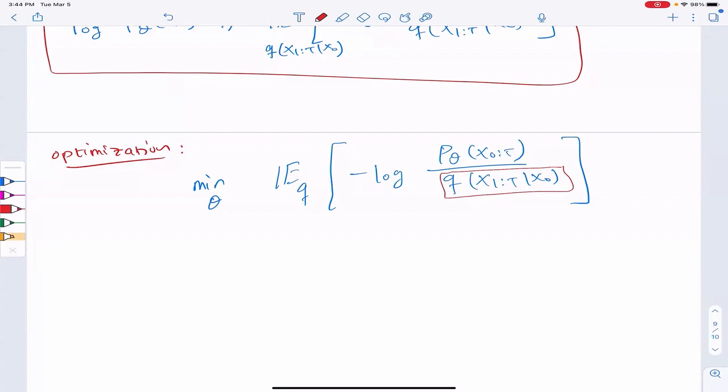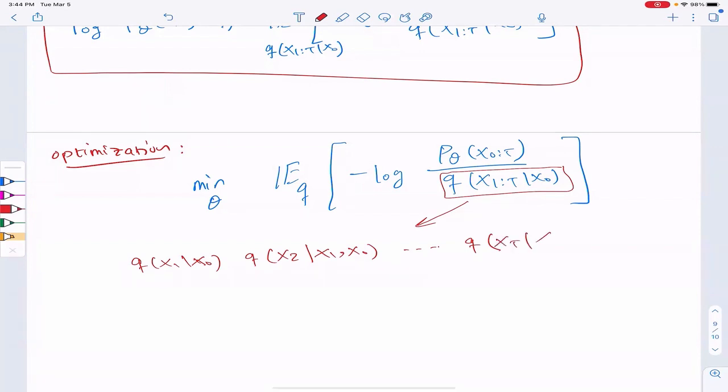So I can break this down as the following: q(x1 given x0), which is a Gaussian distribution, then q(x2 given x1 and x0), up until q(x_T given x_{T-1} and x0).